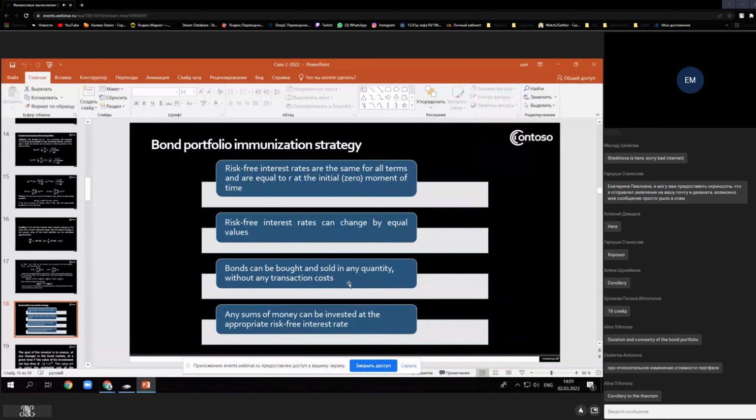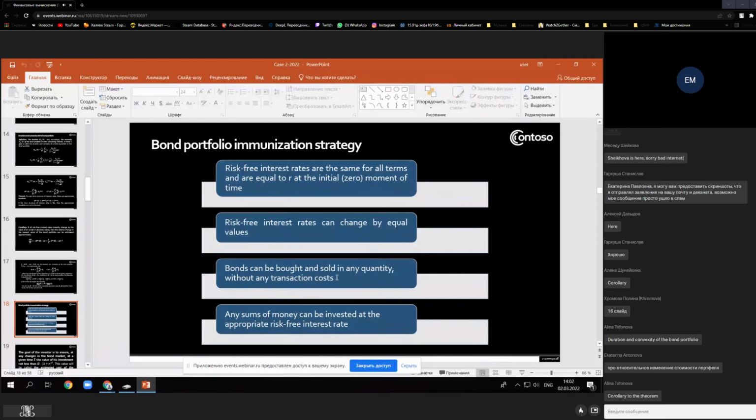We're also supposing that bonds can be bought or sold in any quantity without transaction costs. It's an absolutely unreal assumption because in real life you are not able to buy or sell 1.5 bonds, for example. But to implement the theoretical part of this case, we will take this assumption under consideration.